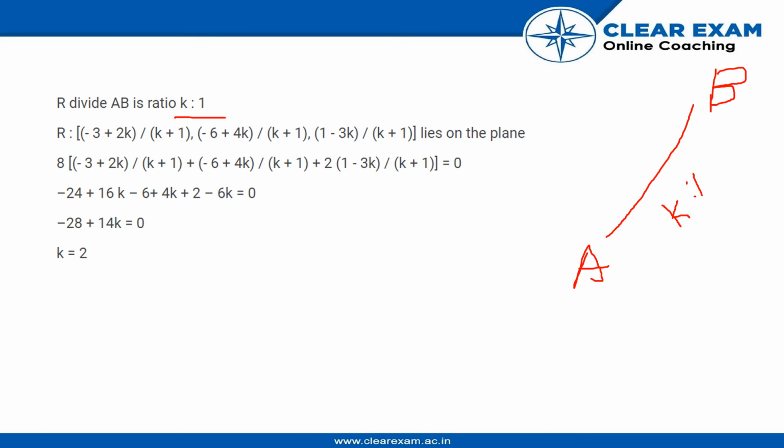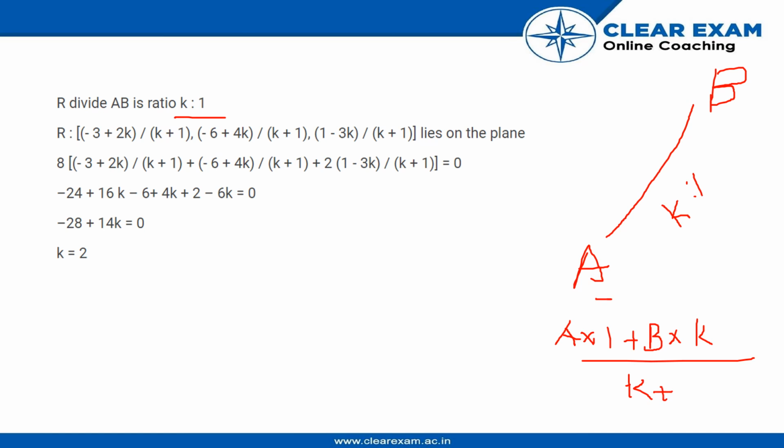So we write the point as A times 1 plus B times K, because B has K opposite to it. I'm sorry, I will write it a little more properly: (A + B times K) upon (K + 1).